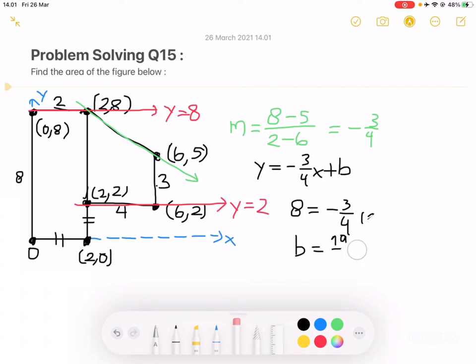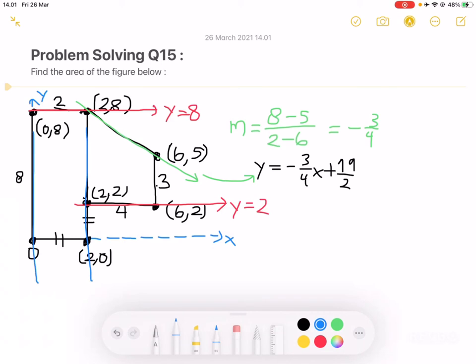So this equation will reduce to y equals negative 3 over 4 x plus 19 over 2. So this is the equation. Now let's set up our integrals. The first integral will be the area under the line y equals 8 from 0 to 2.